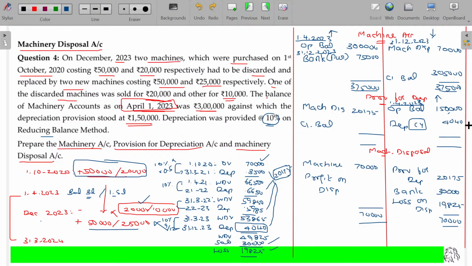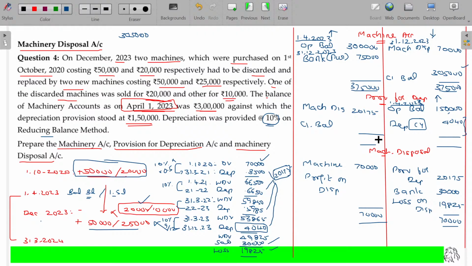What about the other assets? That one also you have to calculate, no? For the other assets also you have to calculate. How can you calculate, sir? Now, find out the rough balance. The rough balance is this way. Asset value is 3,05,000.